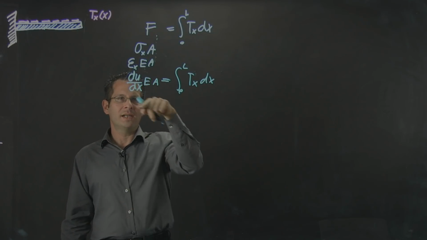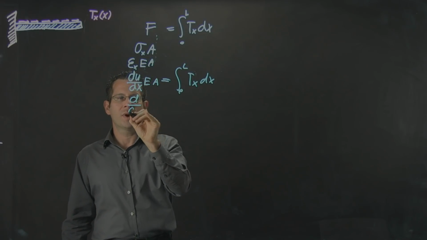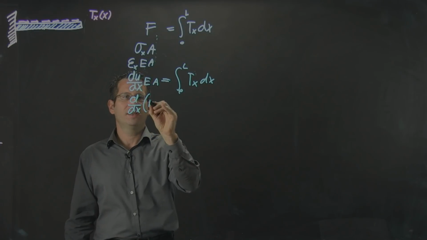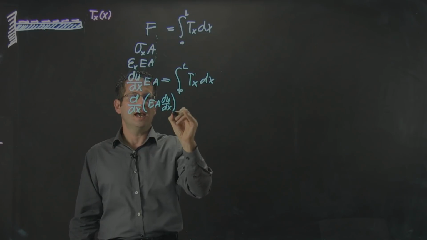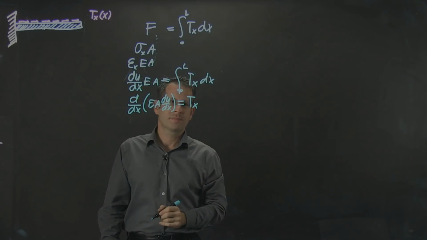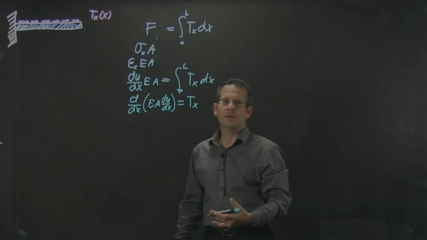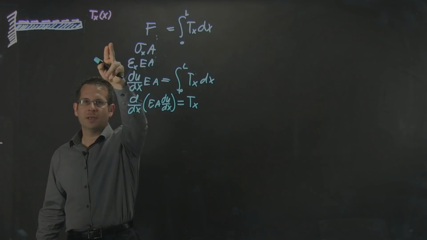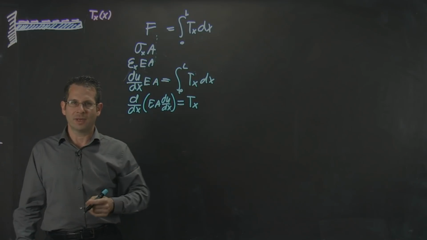If I wanted to differentiate both sides, I would find a differential equation, d dx of E A du dx is equal to t(x), which is a differential equation that models the types of one-dimensional bar elements that we've been talking about so far this entire semester.